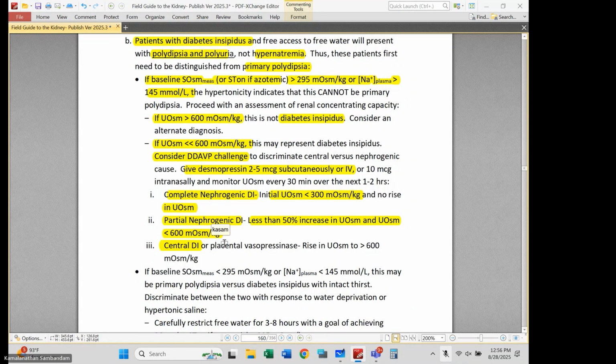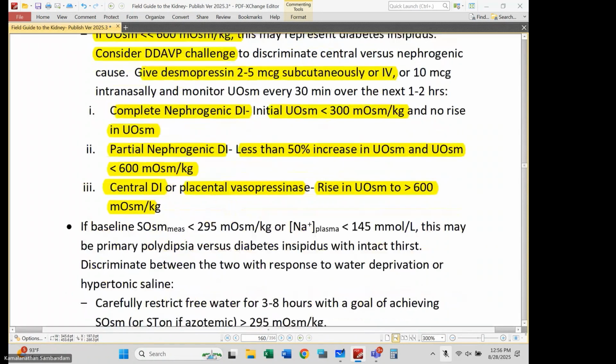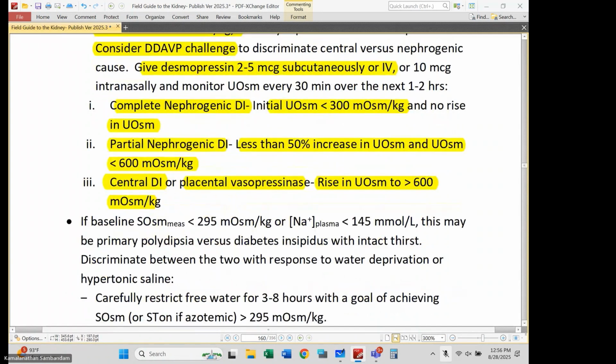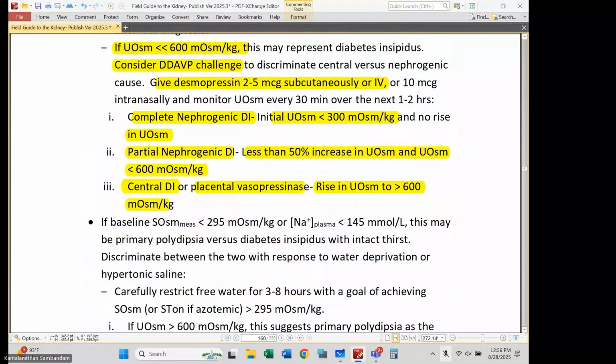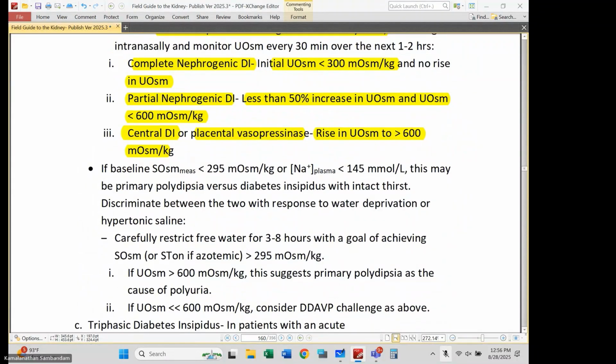Obviously, if I have a problem with central DI or this placental vasopressinase, giving desmopressin would result in a very robust response to that manipulation, as exhibited by a concentrated urine in that 600 or higher range.